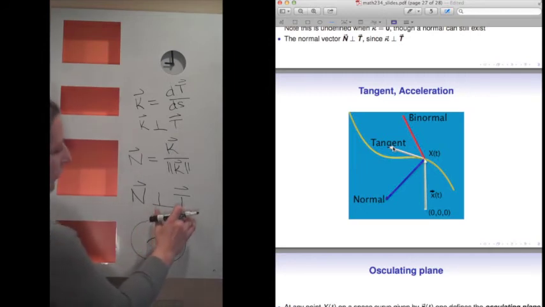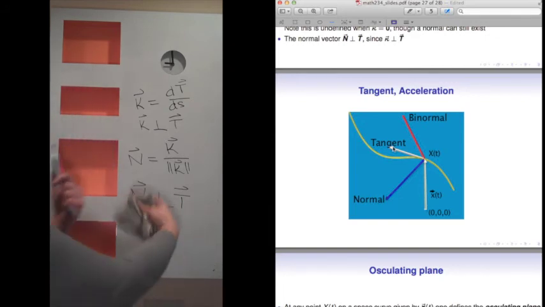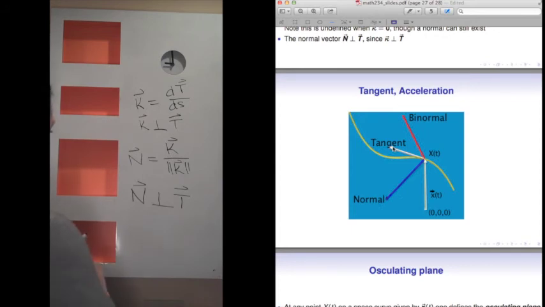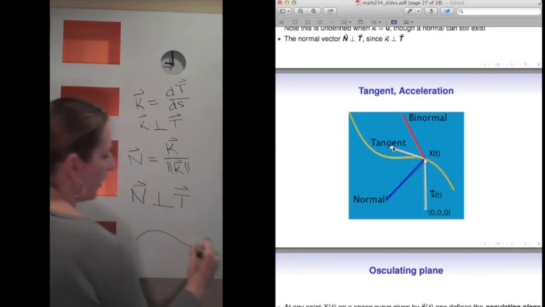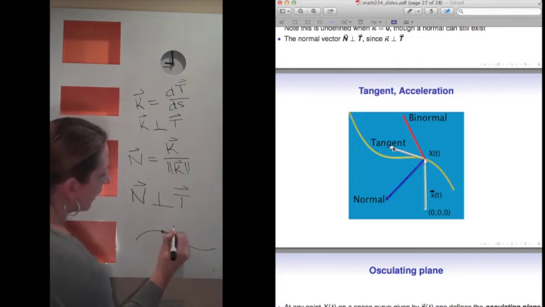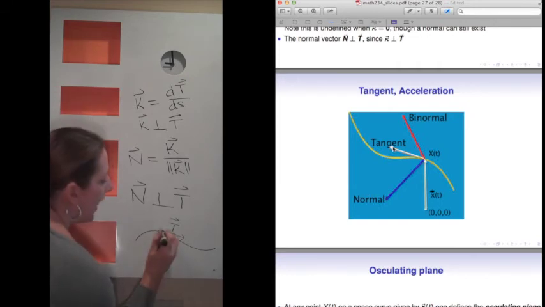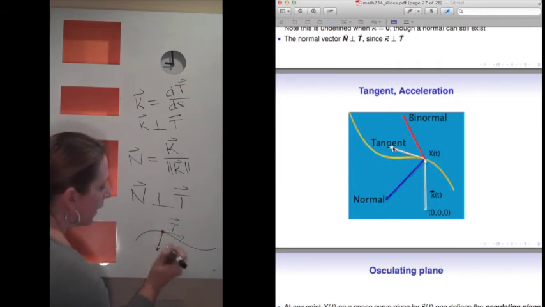Let me draw a 2D case, and you can picture the third dimension coming up out of the board. Maybe that will help people out. So I have some point here. I have a tangent direction, and I have a normal direction.